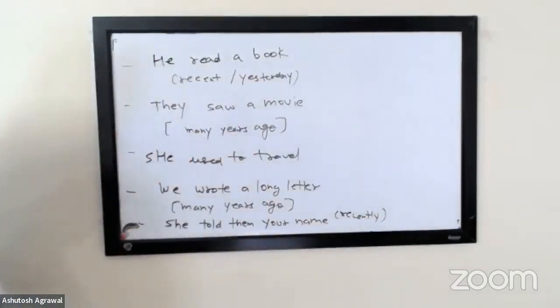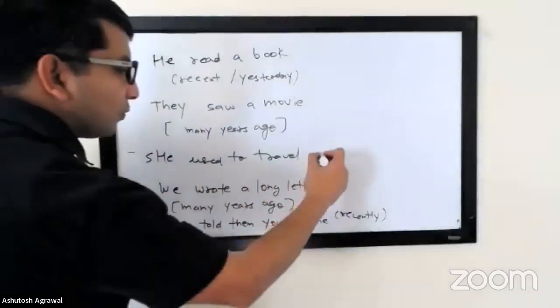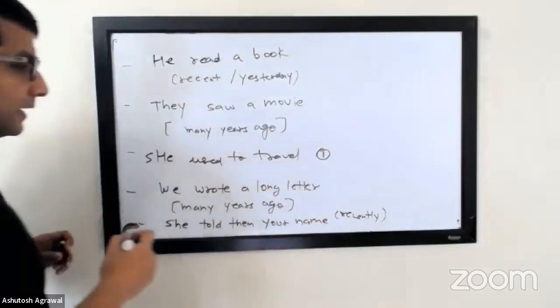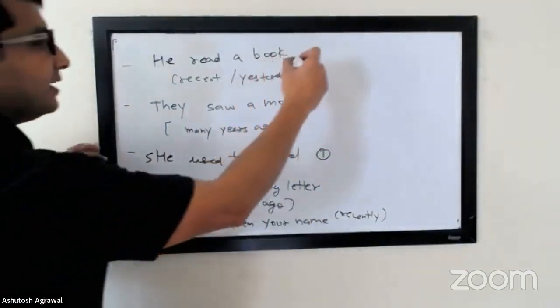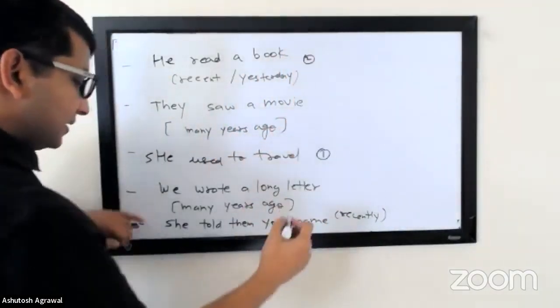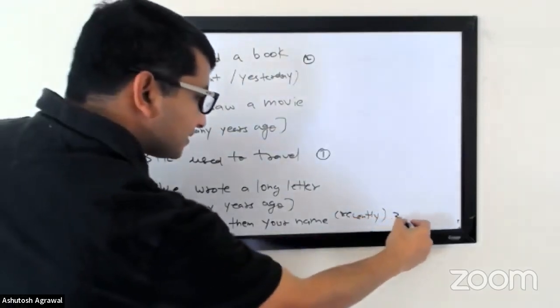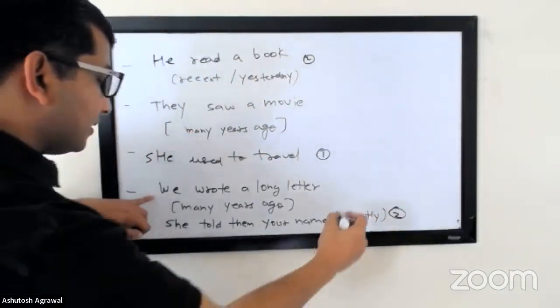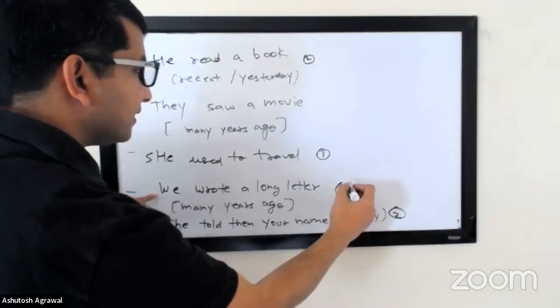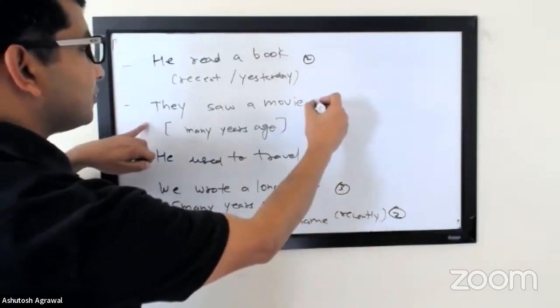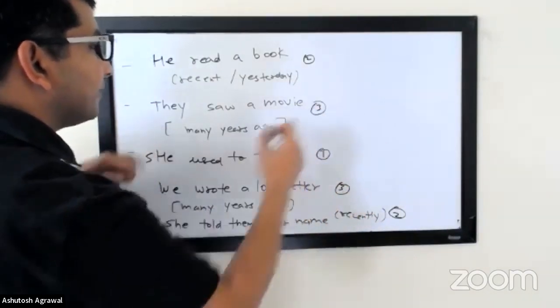So take your time, take a deep breath, and I have all the categories in front of you. Category number 1 is habitual past. Category number 2 is recent past, and this one is also recent past. Many years ago is the third category. So you have examples for all of them.